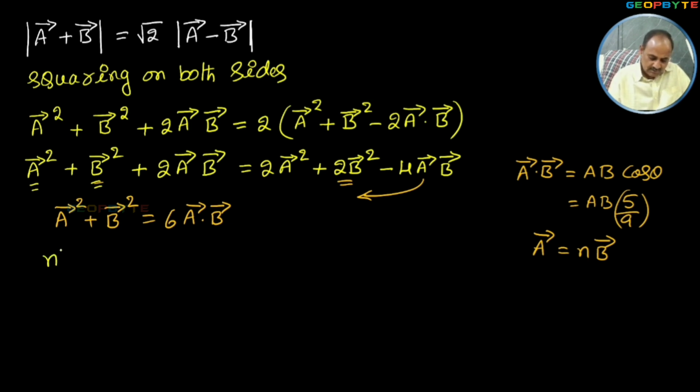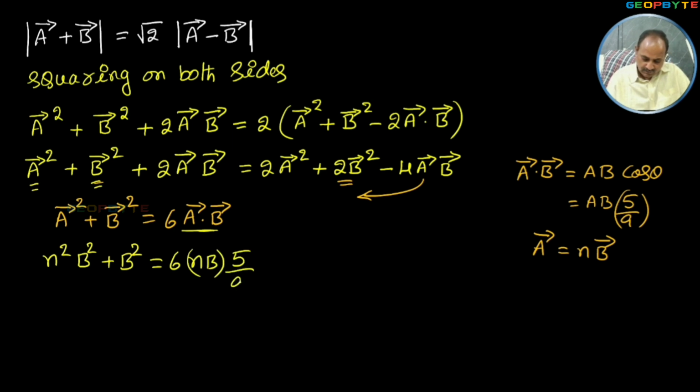Then it is n square B square plus B square is equal to 6 A bar dot B bar, which equals AB into 5 by 9. Here in the place of A, I can write nB. Here it is nB, should be very careful. nB into 5 by 9.